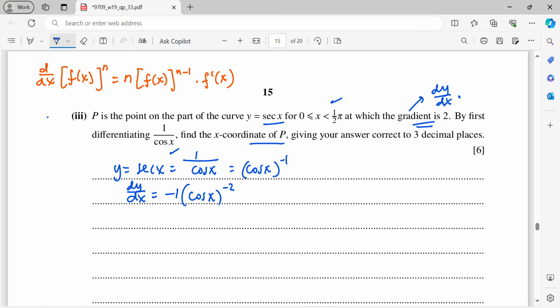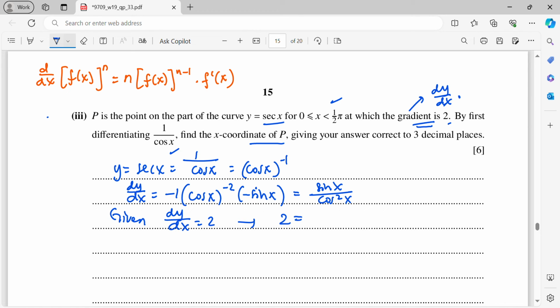When you differentiate cos x, that is negative sin x. Then minus minus is positive, so I get sin x over cos squared x. And now it's given gradient is 2, so dy dx is 2.